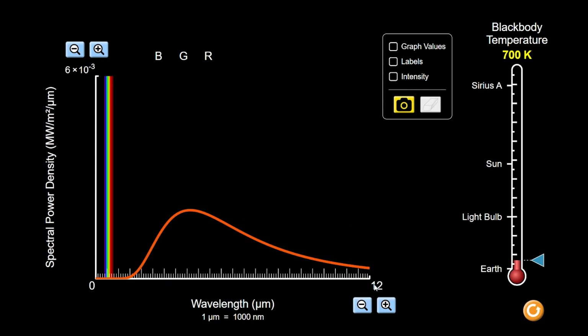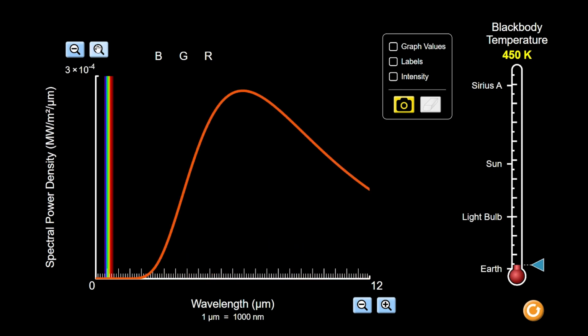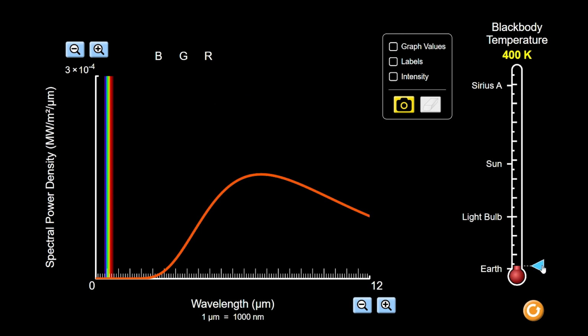Okay, so we're going to go down in temperature some more. We're getting closer to the temperature I want. Zoom in, zoom in. And just a little bit lower, get down to about 300 Kelvin. Okay, 300 Kelvin.